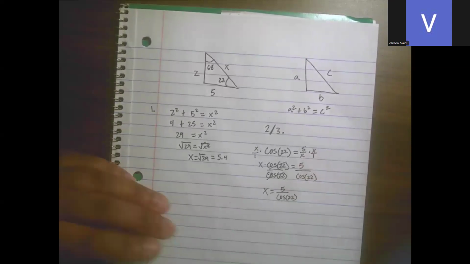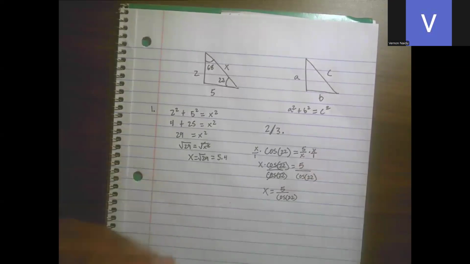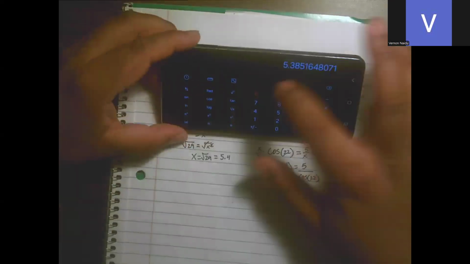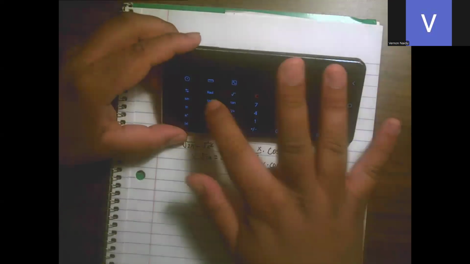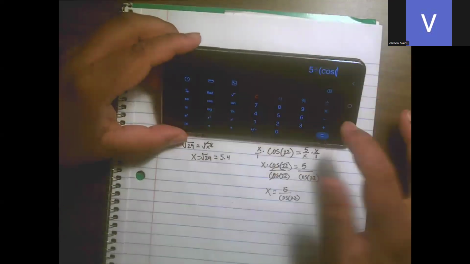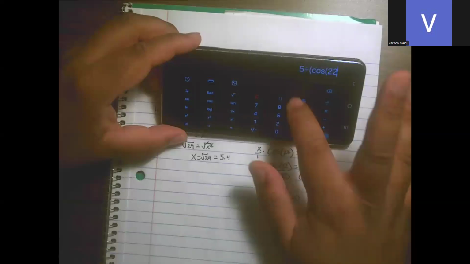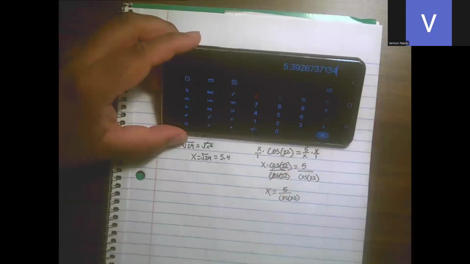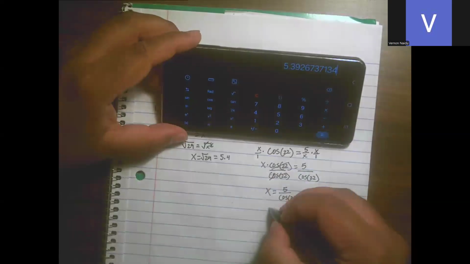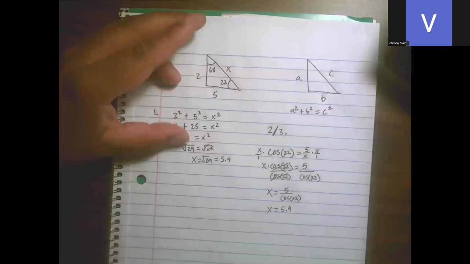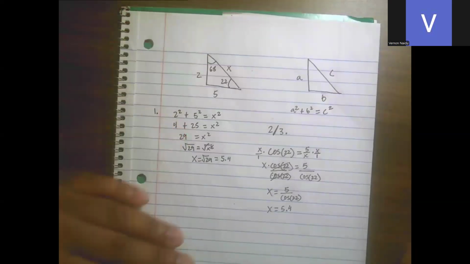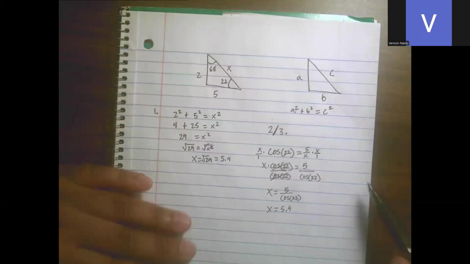We're going to plug that into the calculator. So let's do 5 divided by the cosine of 22. Would you look at that? We got 5.4. It's perfect.